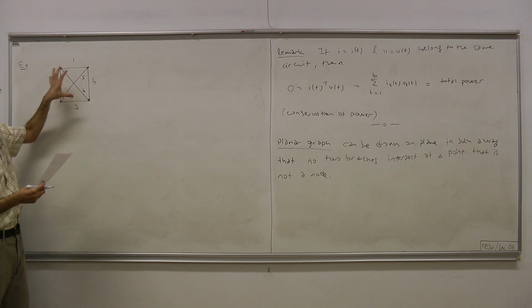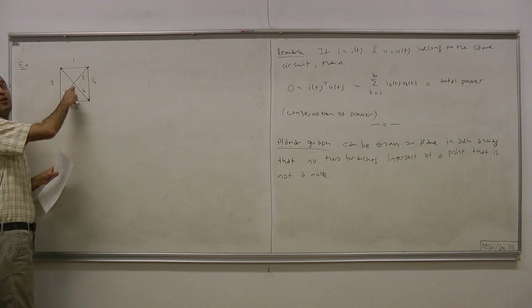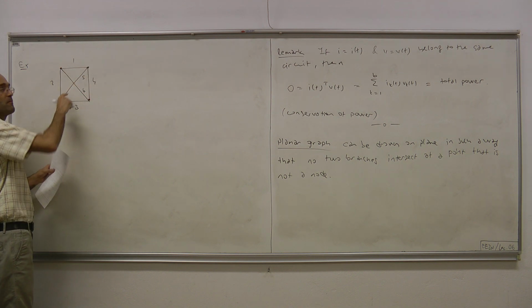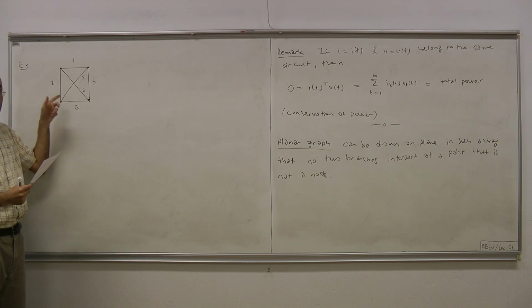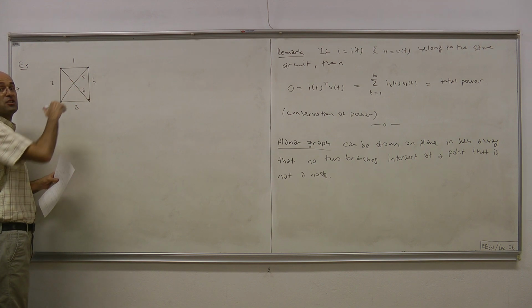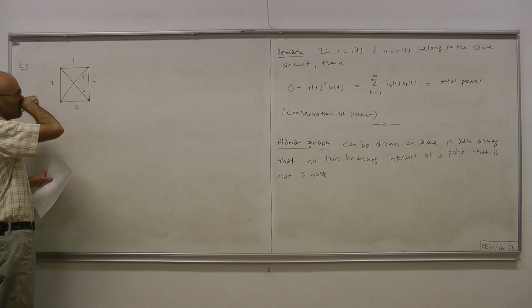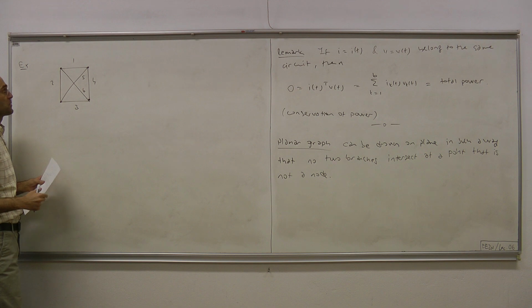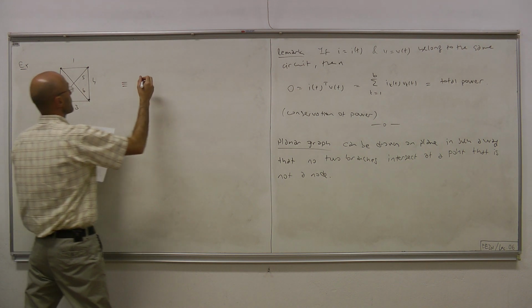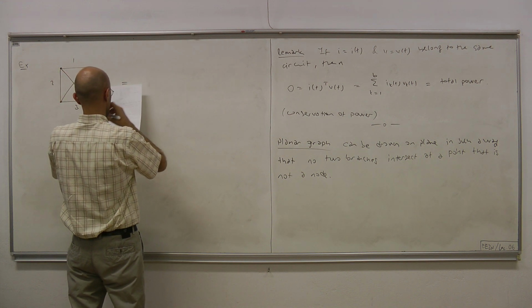Note that if you draw it as such, here we don't have a node. Okay, we have only 4 nodes: 1, 2, 3, 4. There's not a node here. And if you draw it like this, it seems that branches 5 and 6 intersect at this point. But you can always redraw this particular example so that there is no such intersection.